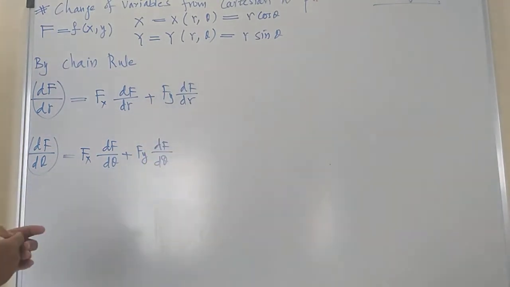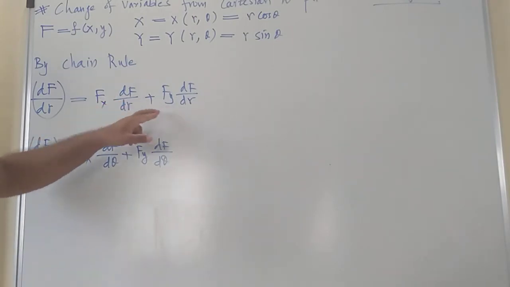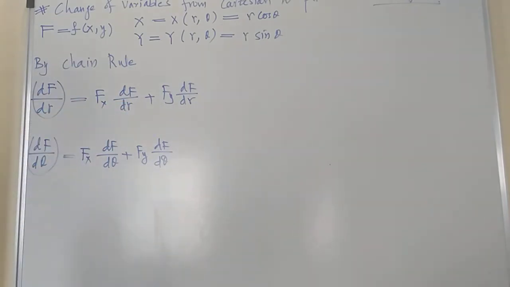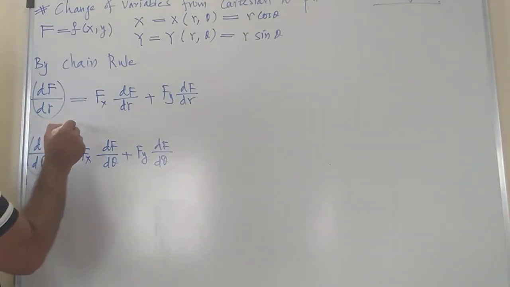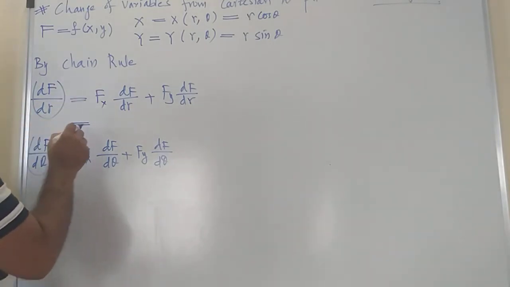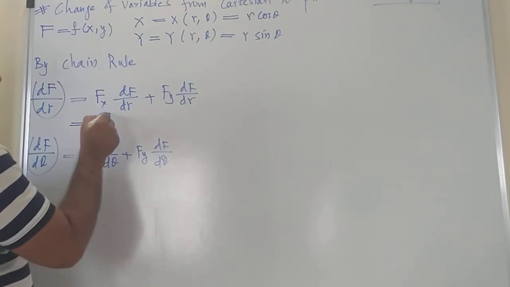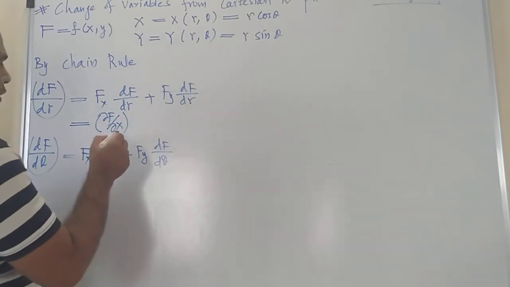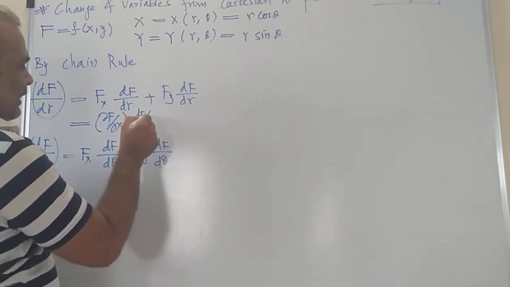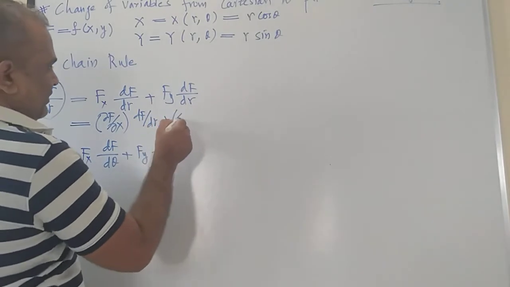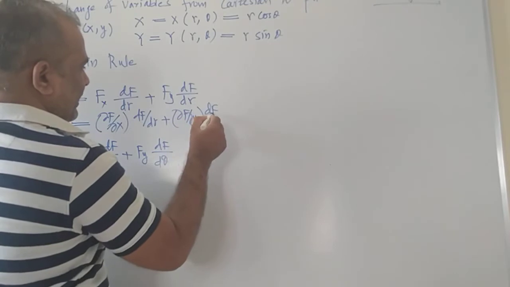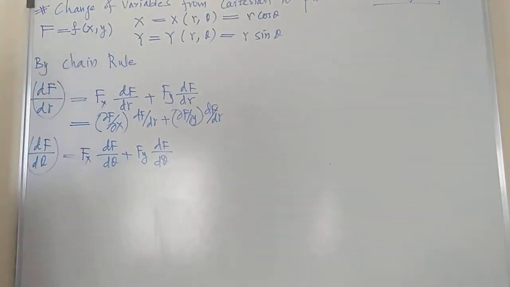Now what is this fx and fy? This is known to you now. Fx and fy are the partial derivatives of the given function with respect to x and y. And if you want to write those in terms of x and y, let me write here in short. So this is a partial differentiation of f with respect to x. So dou f by dou x into dx by dr plus dou f by dou y into dy by dr. Got it?